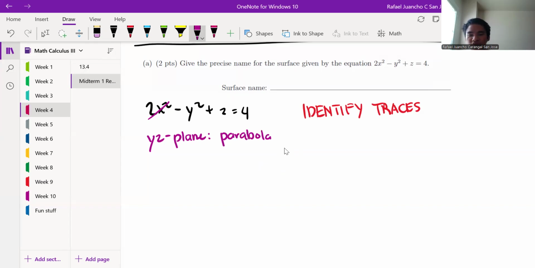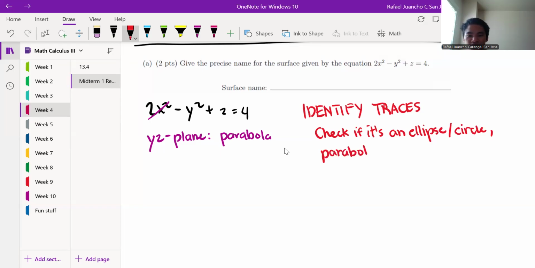So there's only two or three things that we have to look at. When looking at traces, check if it's an ellipse or circle, a parabola, which we just saw, or a hyperbola.